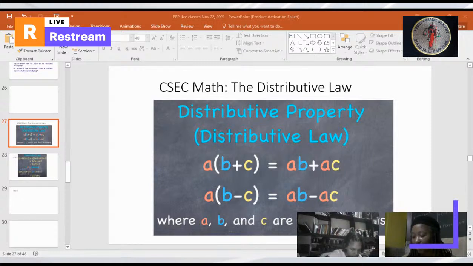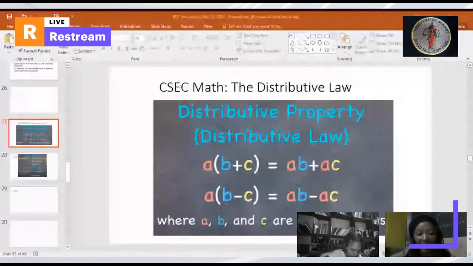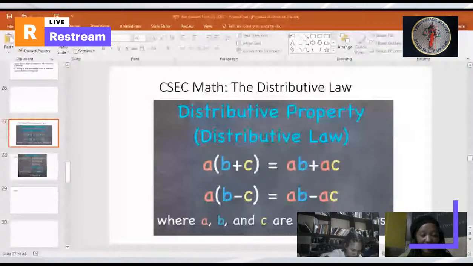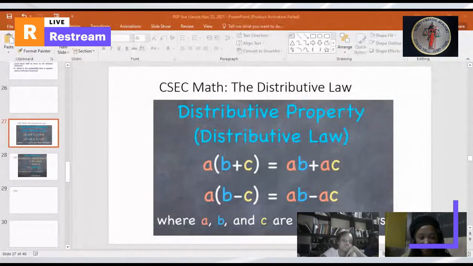So if you look at the image on the screen, it says the distributive property or distributive law: A(B + C) is equal to AB + AC, and A(B - C) is equal to AB - AC, where A, B, and C are real numbers.